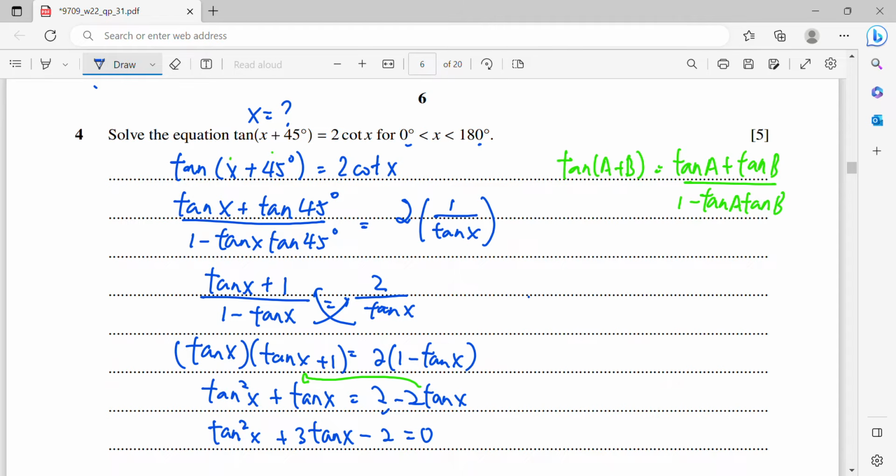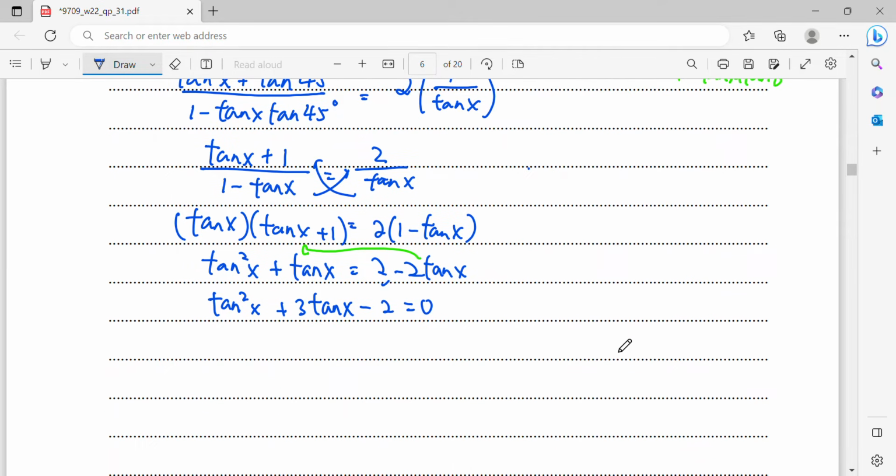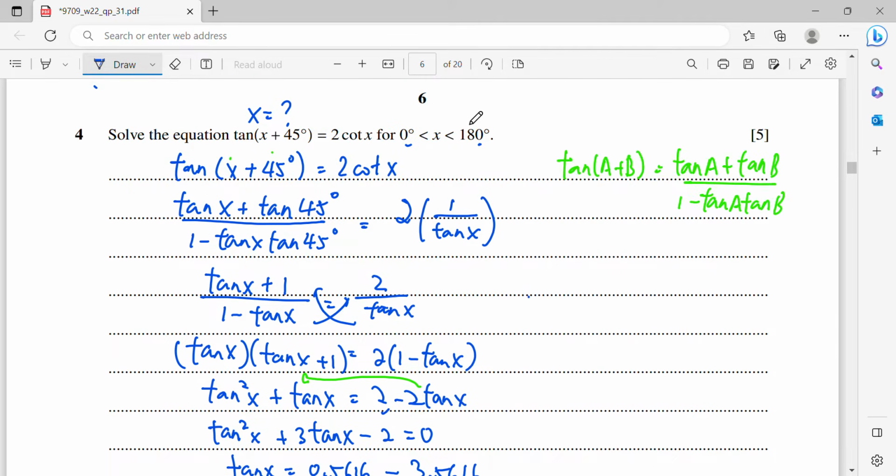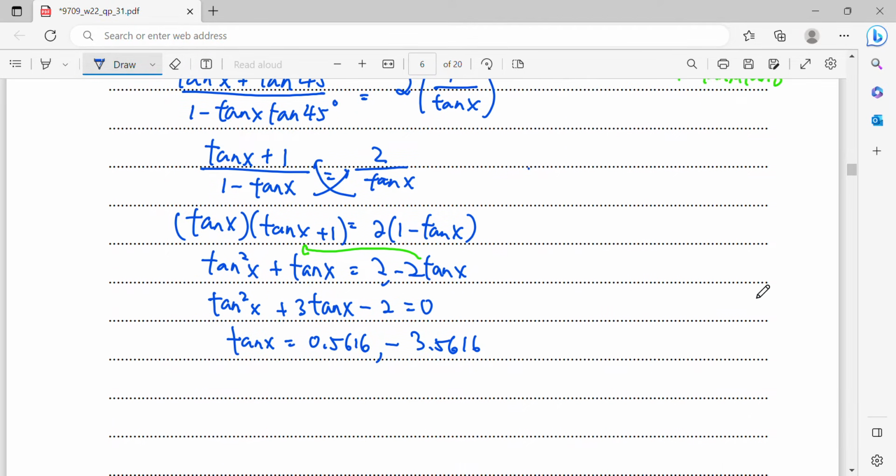So to solve this quadratic equation, okay, you may use the calculator to get the solution. So tangent x will be 0.5616 and negative 3.5616. Alright, so now refer to the given x values, x from 0 to 180 degrees, which means it will be in first and second quadrant because your tangent values are positive and negative.